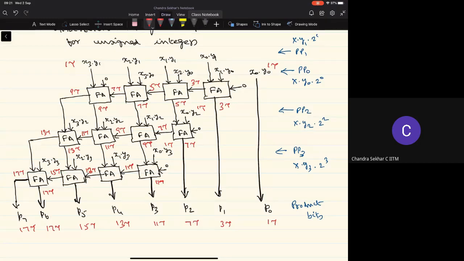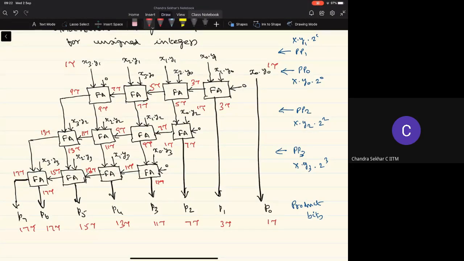You have to make a note that the outputs that are coming to each of the full adders in the second row and the third row are coming at the same time. If you take the second full adder in the second row here, the carry input is coming at 7 tau, and the sum bit of the previous level is also coming at 7 tau, right?